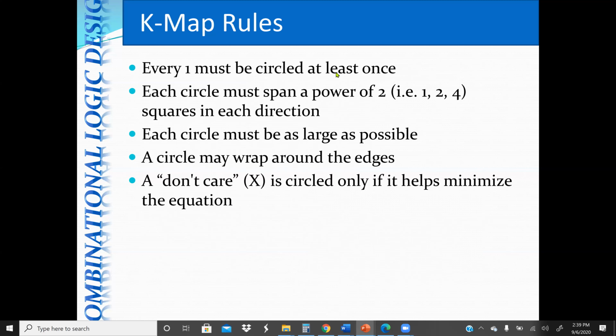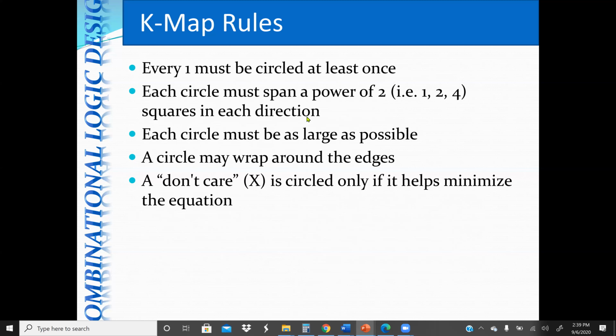In the 2 examples we did, the second example circles some ones once and some twice, which is okay. It can even be 3 times, with a minimum of once. So we don't leave any one without a circle. We have to circle all the ones. If a one is by itself, just circle the one by itself.